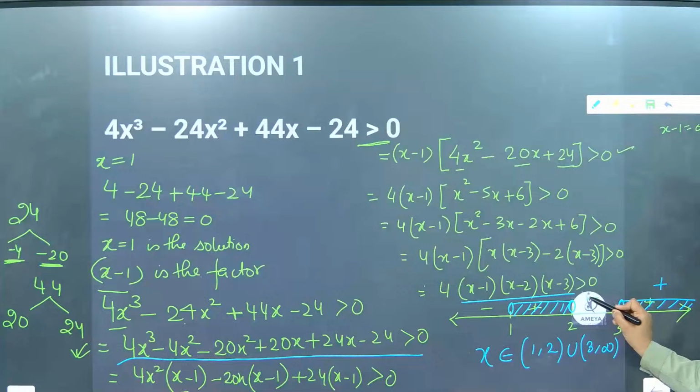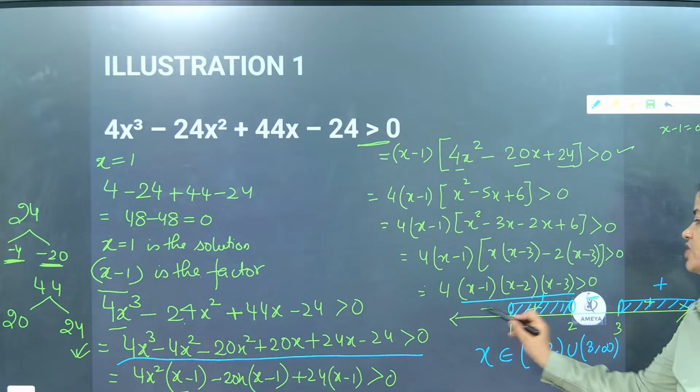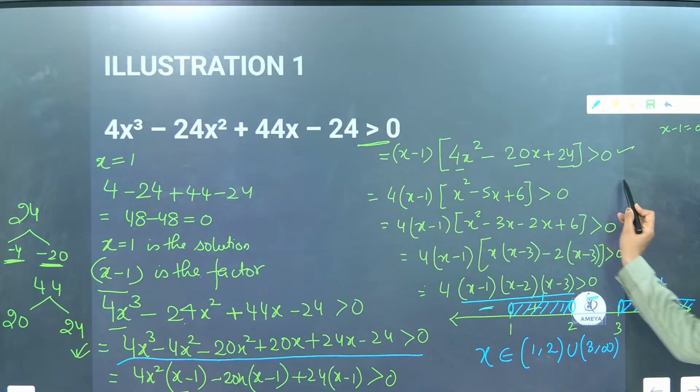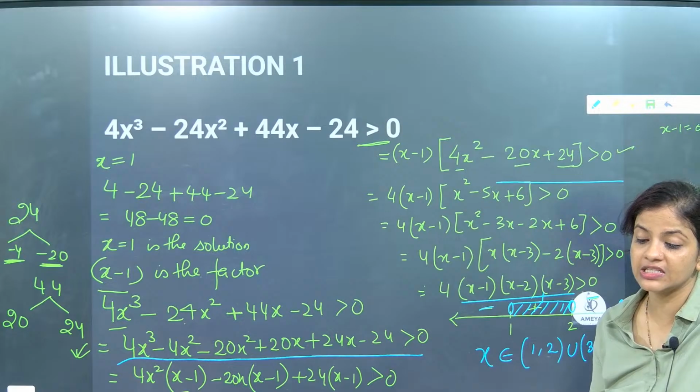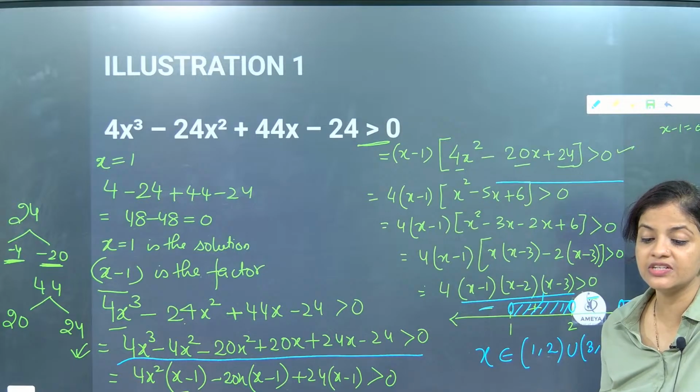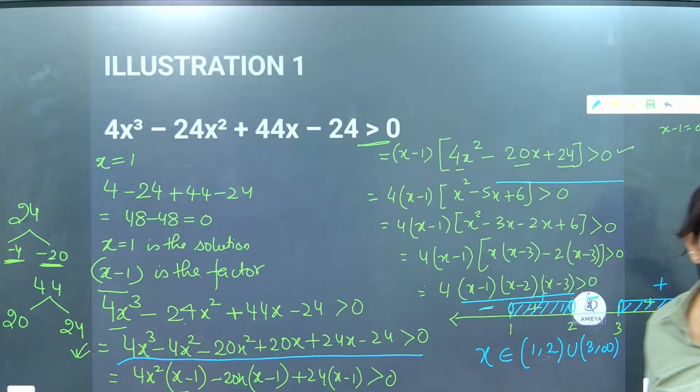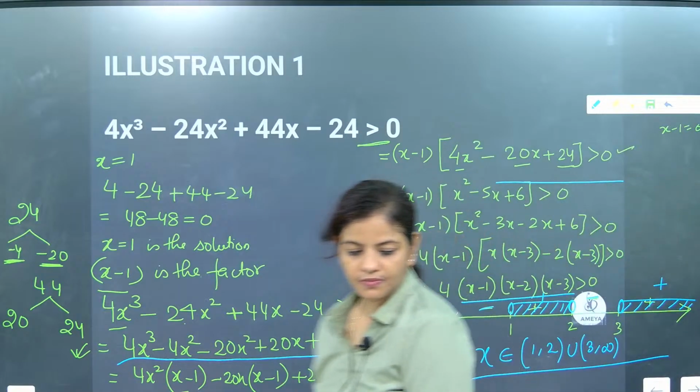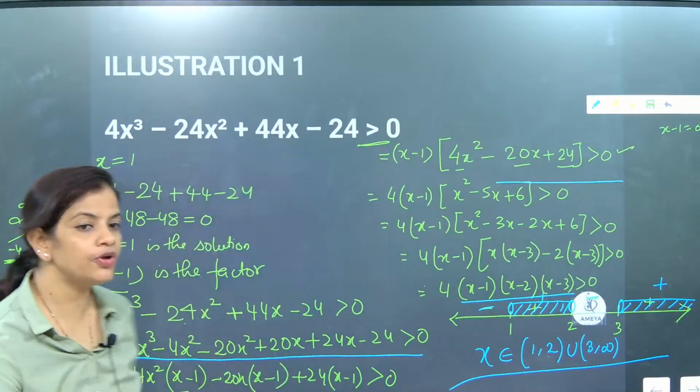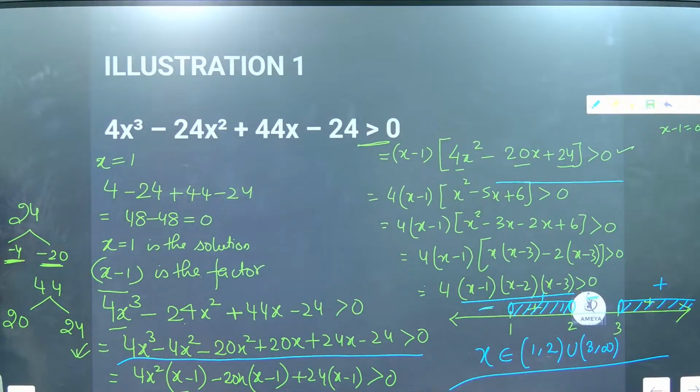The positive part will always start, then negative, then positive, and negative. Since our inequality is strictly greater than 0, we always consider positive values. Once we take positive values, the answer comes like this. Is it okay for you? Did you all understand how to solve these questions?